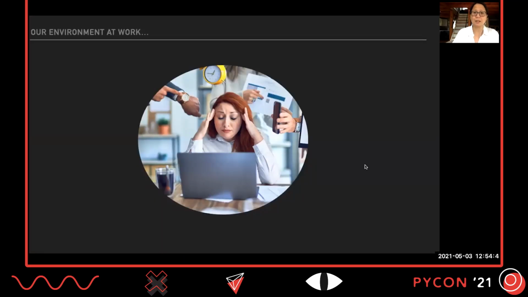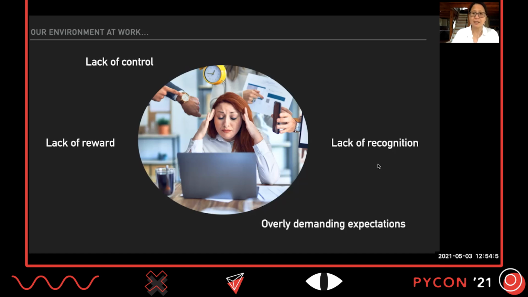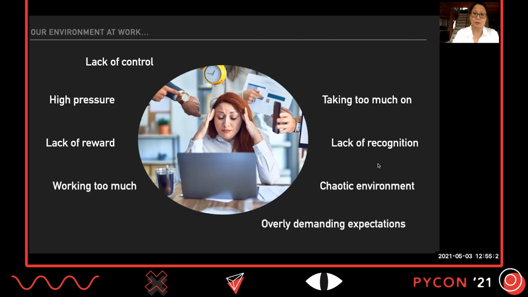Environmental causes of burnout include the following: feeling like you have little or no control over your work, a lack of recognition or reward for good work, unclear or overly demanding job expectations, working in a chaotic or high-pressure environment, working too much, taking on too many responsibilities without enough help from others, running to keep up, lack of close, supportive relationships, and what probably is one of the most important ones, conflicting priorities.